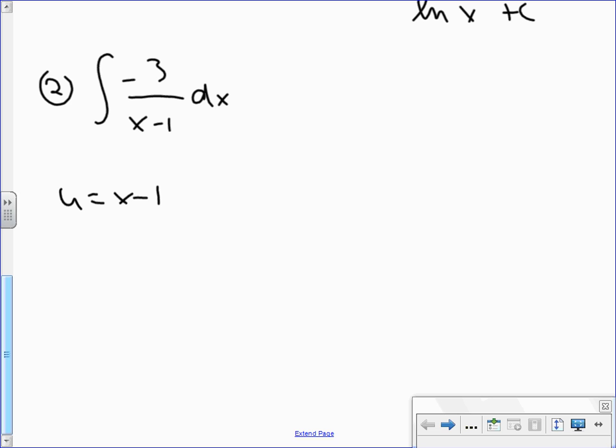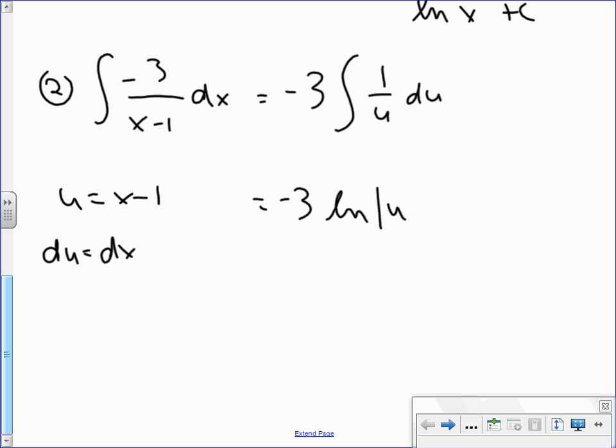Okay? So du is just dx. And I do my substitution, I'm going to pull that 3 out. And it makes a very straightforward substitution. Okay? So then you've got that negative 3 and the ln of the absolute value of u plus c.